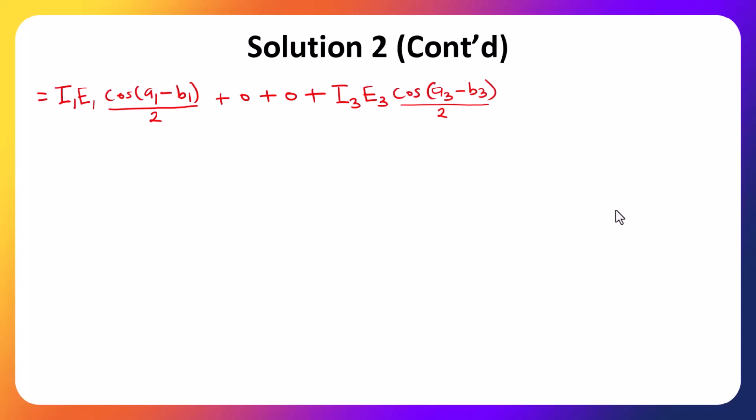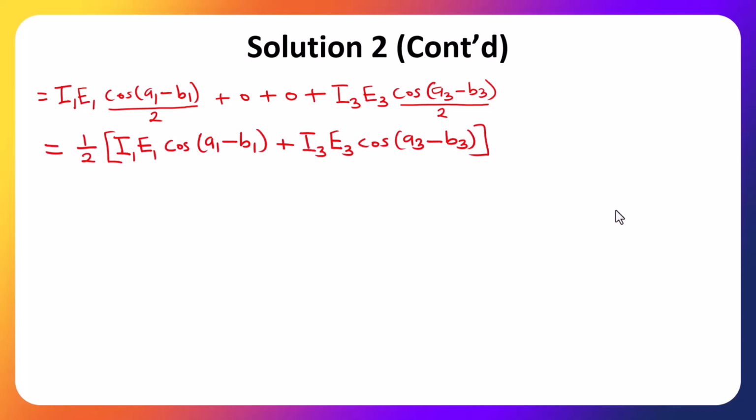So this is equal to I1 E1 cos A1 minus B1 over 2 plus 0 plus I3 E3 cos A3 minus B3 over 2. And this is equal to 1 over 2 into I1 E1 cos A1 minus B1 plus I3 E3 cos A3 minus B3.